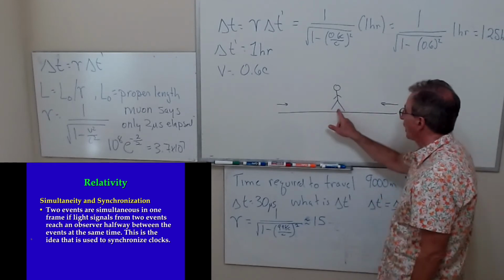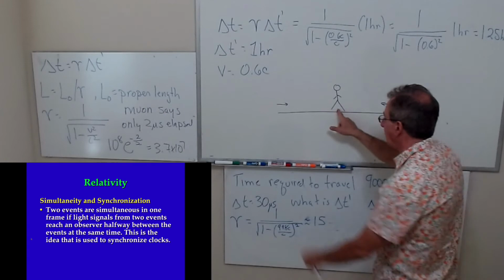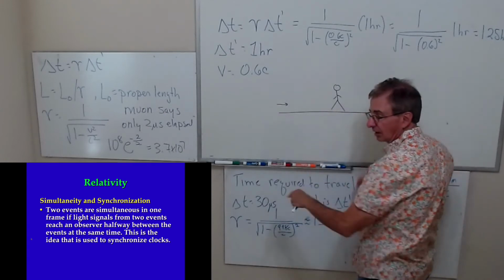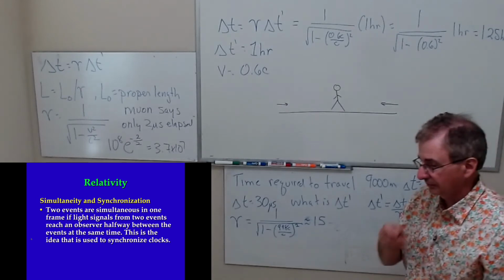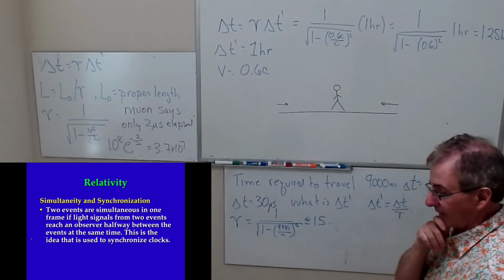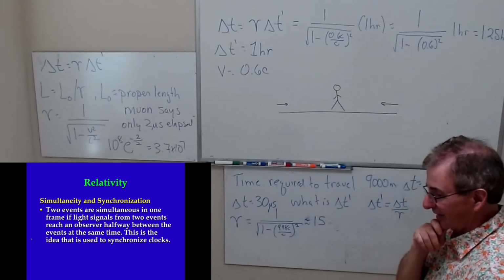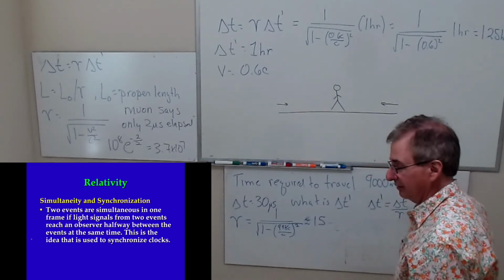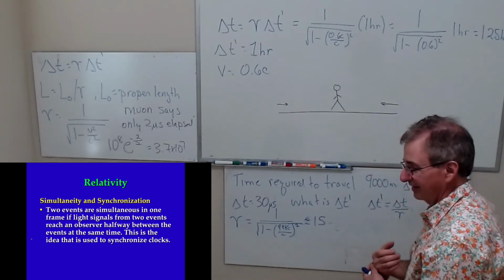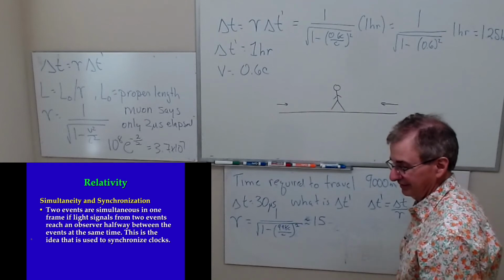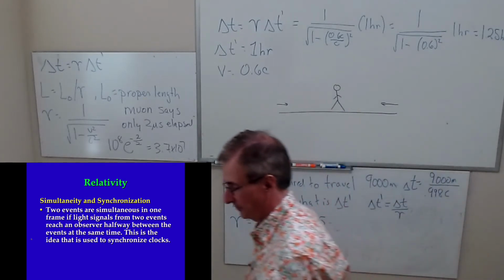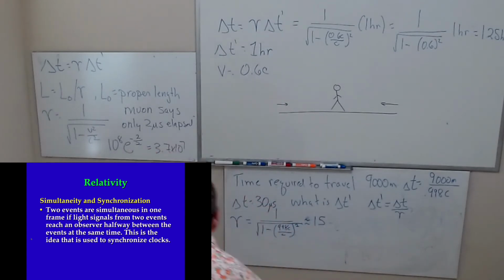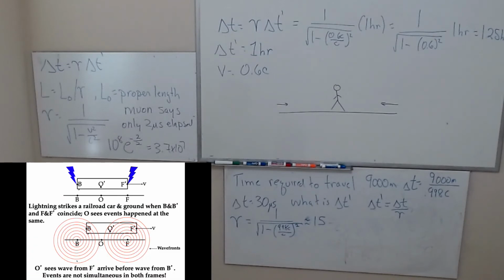If those beams arrive at me at the same time, these two clocks that sent the signal are said to be synchronized. But somebody who's moving by will say they're not, because the speed of light is the same in all reference frames. Questions before I go on?